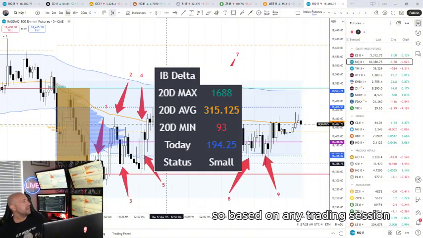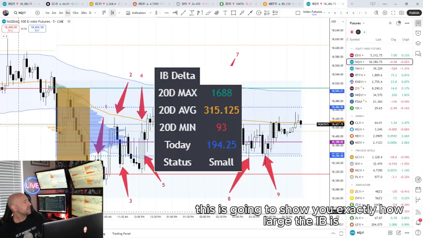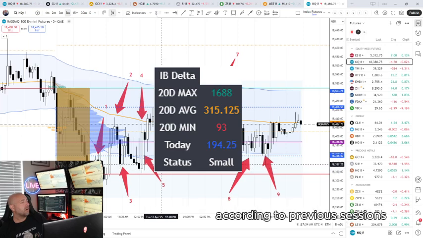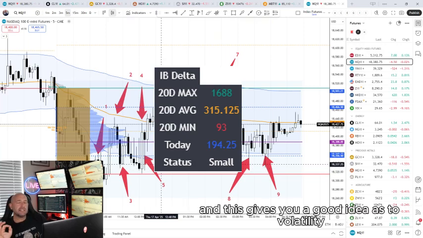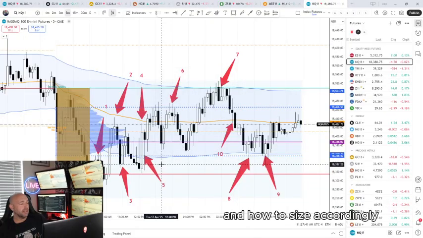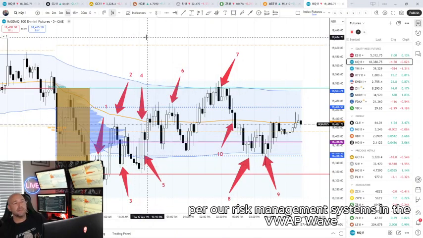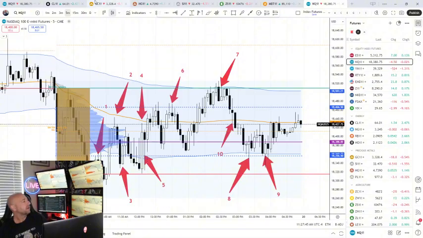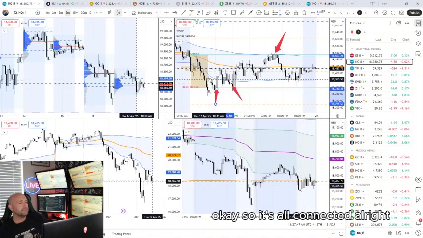So based on any trading session, this is going to show you exactly how large the IB is according to previous sessions, and this gives you a good idea as to volatility and how to size accordingly per our risk management systems in the VWAP Wave framework. So it's all connected.